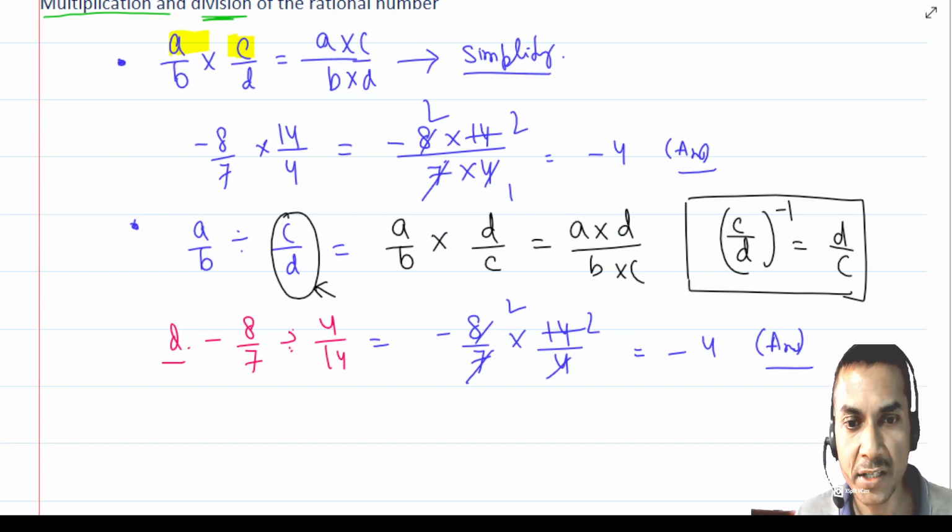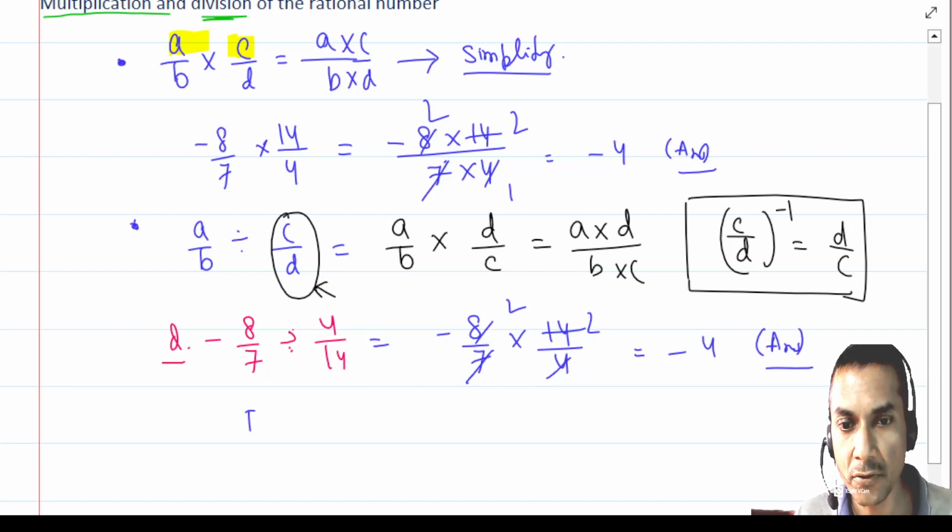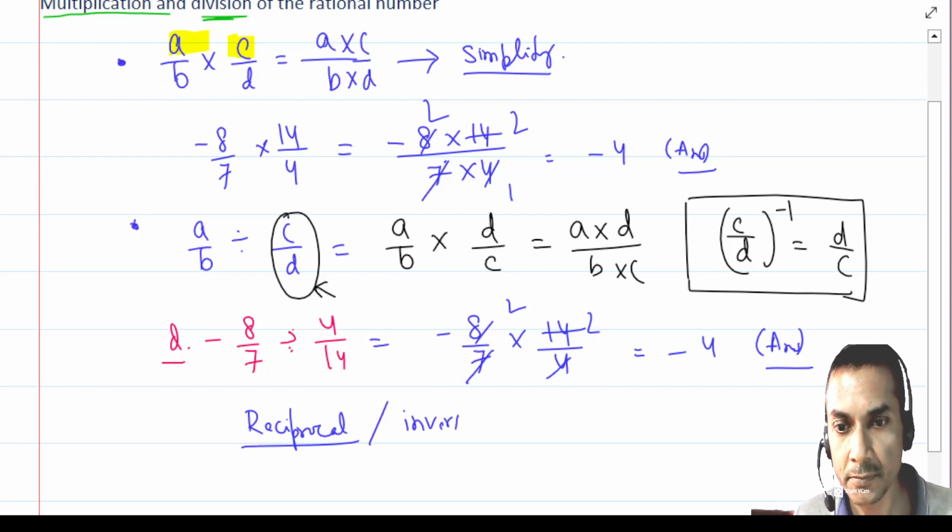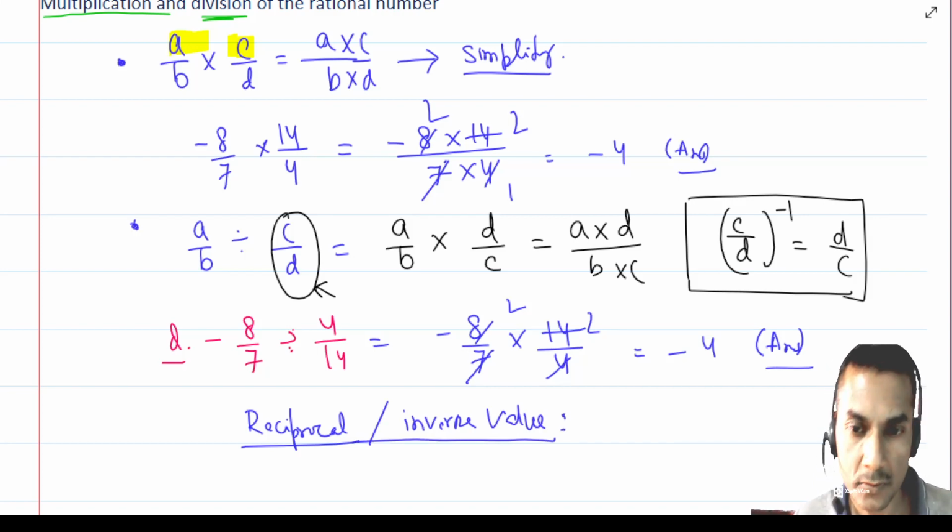Don't make any mistake when you convert into the reciprocal value, the reciprocal or inverse value. You must consider the sign also.